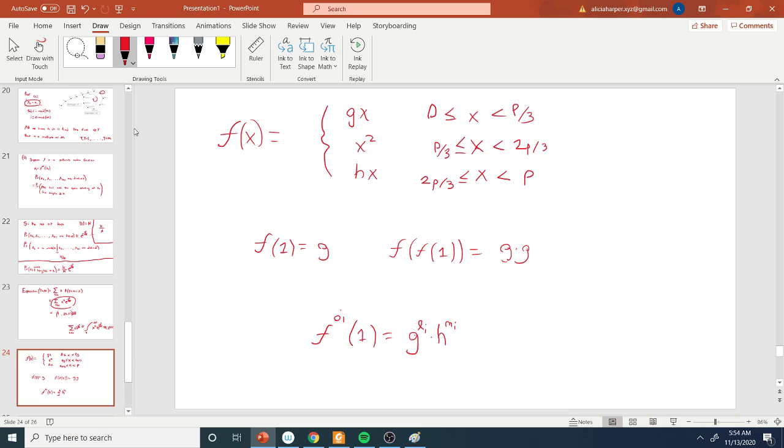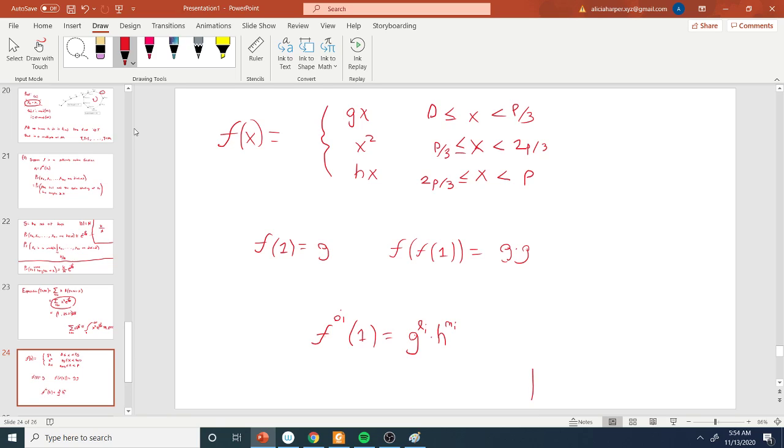And these exponents can be computed. You just have to keep track of them as you go through the algorithm.